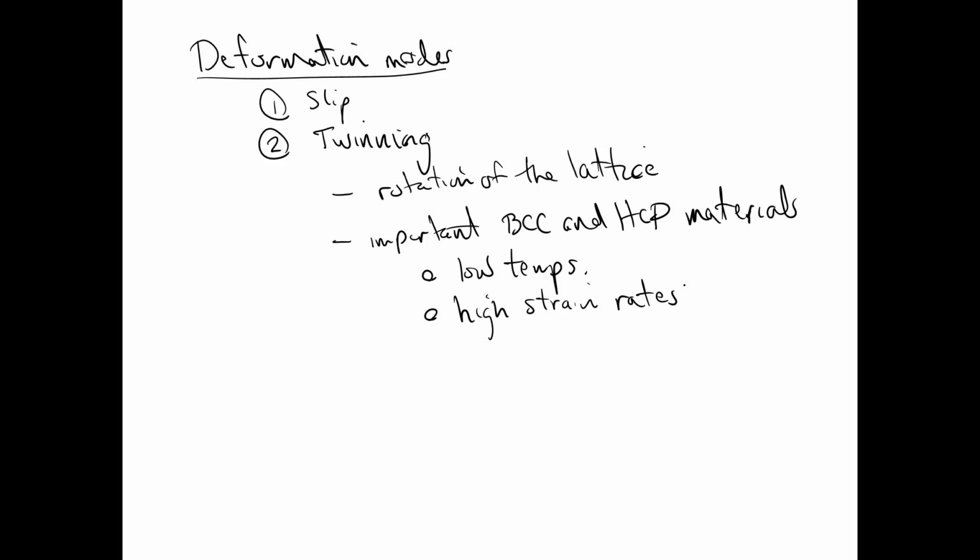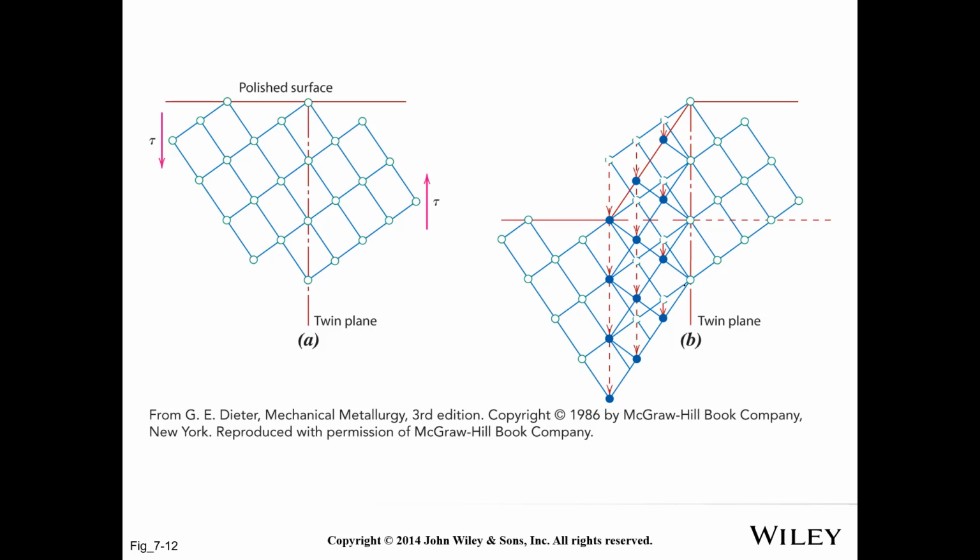And I'm going to go to a couple figures here that describe that. So this was a figure that we talked about before. And here you can see sort of atoms shifting around a twin plane there. And I want to show you the next as a result of a shear stress. So the atoms kind of rotate from their positions, they kind of shift.